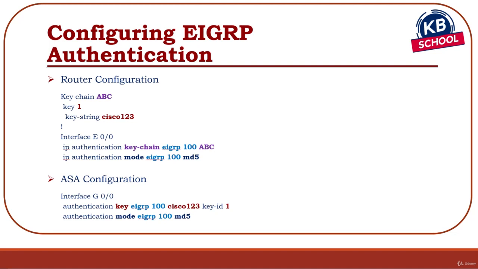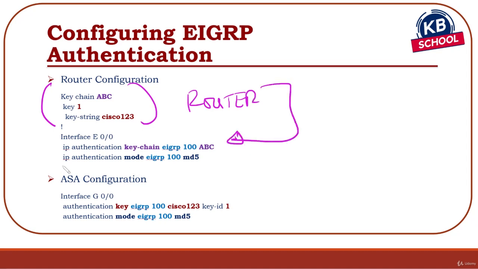Just like RIP, I have the keychain concept on the router, applying the keychain to the interface, setting the mode. IP authentication mode for EIGRP 100 is MD5. For the ASA, authentication key for EIGRP 100 is Cisco 123.